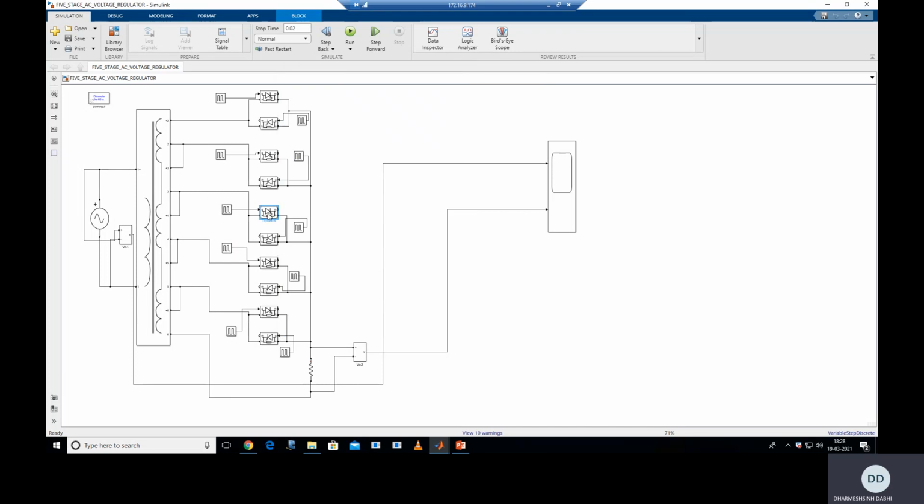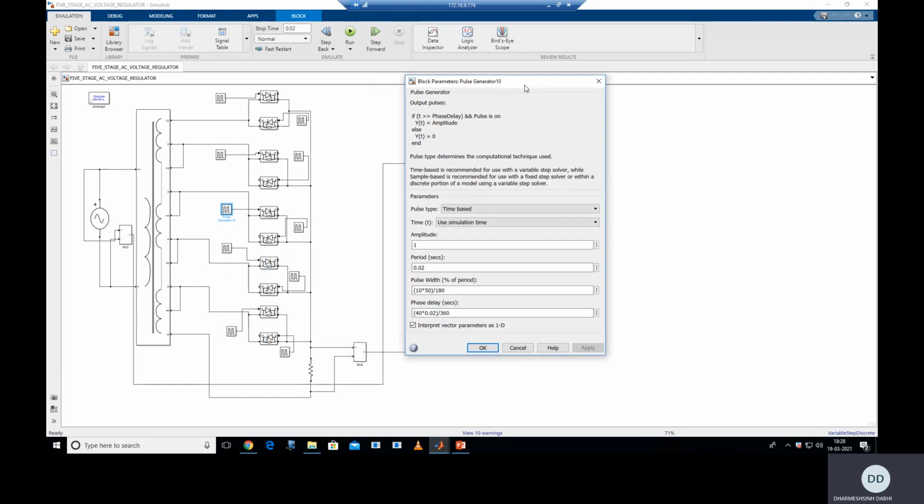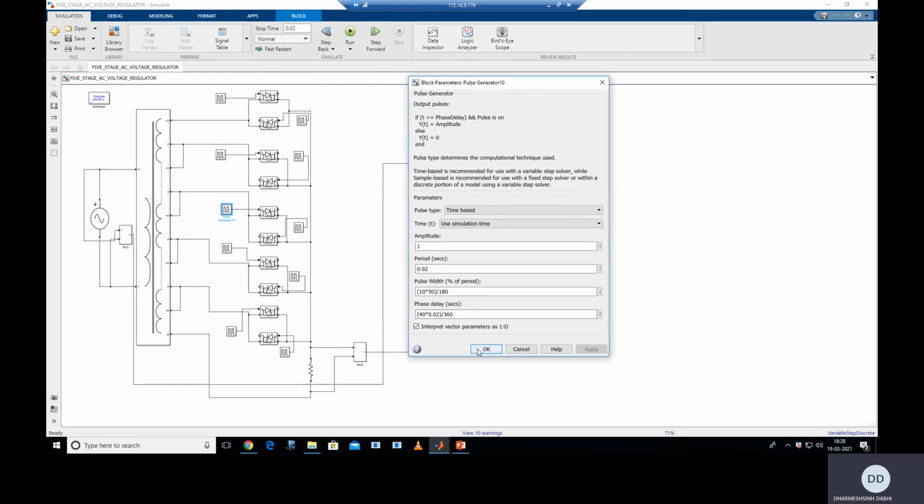So I turn on the third stage thyristor at 40 degree. You can see I provide the phase delay of 40 degree here. At 40 degree you get the output voltage 3 times 46 because you get the voltage of 3 windings: the first winding of the first stage, the second winding of the second stage, and the third winding of the third stage.